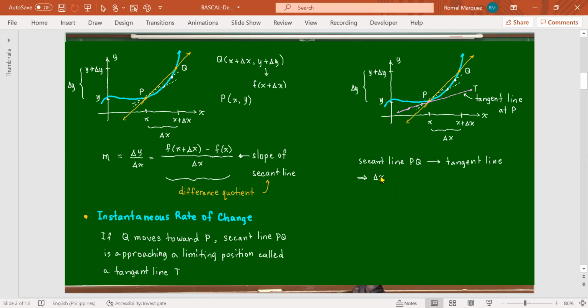It approaches 0. It is getting smaller and smaller, meaning approaching 0.